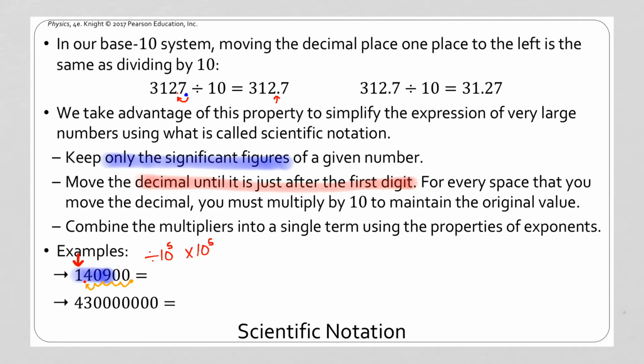So this part here is part of moving the decimal point. This part here stays to cancel out the change in value. So what I end up with is 1.409. Those are the significant figures from that value, times 10 to the 5th.